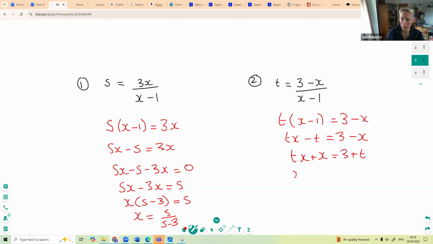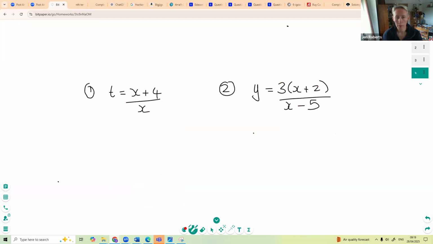Factorize. Divide both sides by t plus 1. Okay, have a go at these last two yourself. Put me on pause and pause when you've finished.